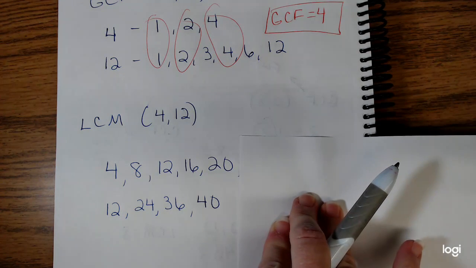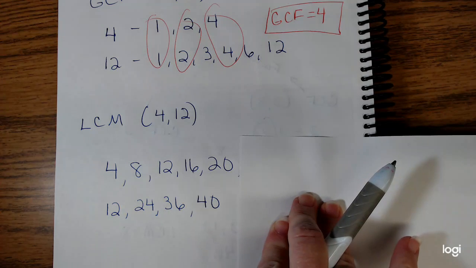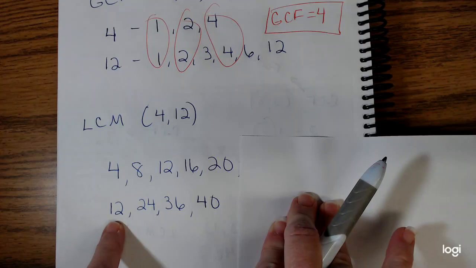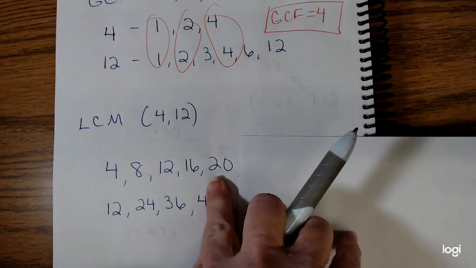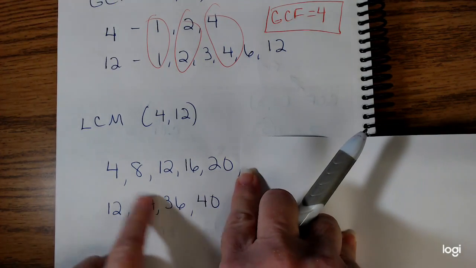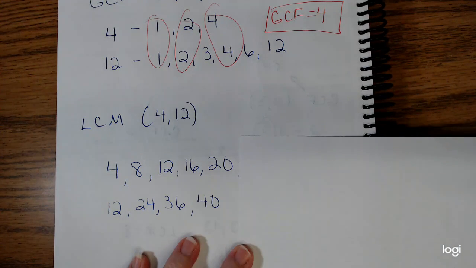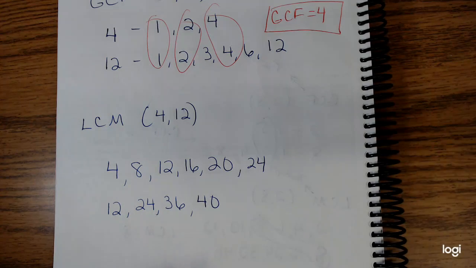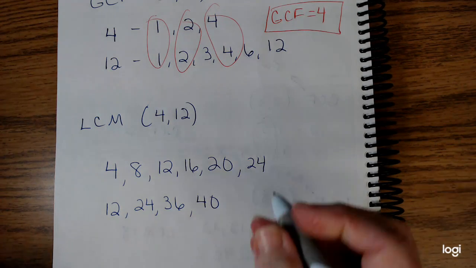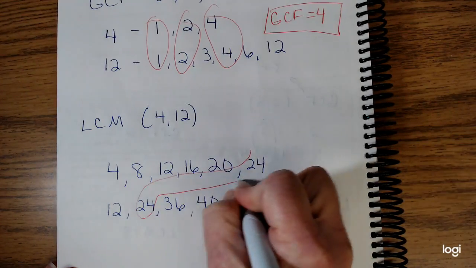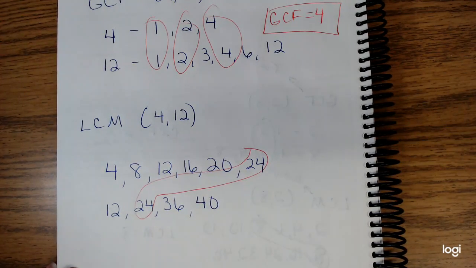Well, that means I need to keep counting until I find a common multiple. Because the 12s are already at 40, and 4s are only at 20, we're going to continue counting by 4s. So the next number that I would count would be 24. And once I do that, you will notice that now I have a multiple in common.